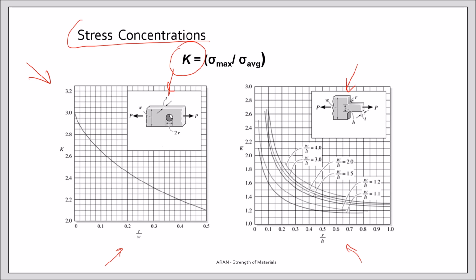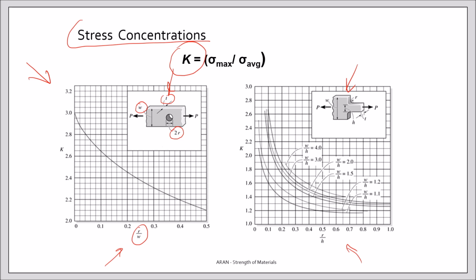If you're in the elastic area and you know, for example, W, you know this thickness, you know the R value, this is the radius of the hole. So calculating R over W gives you the stress concentration.